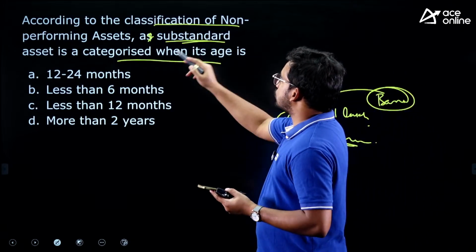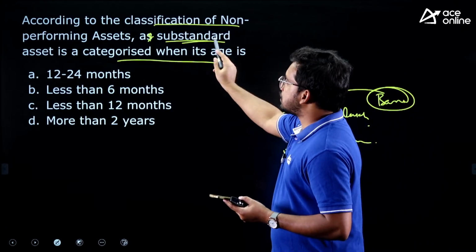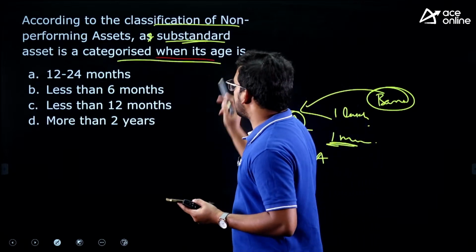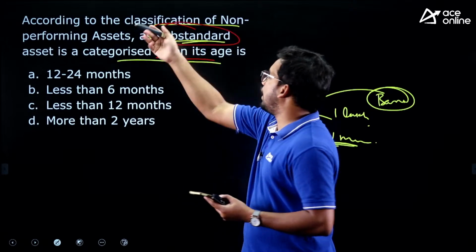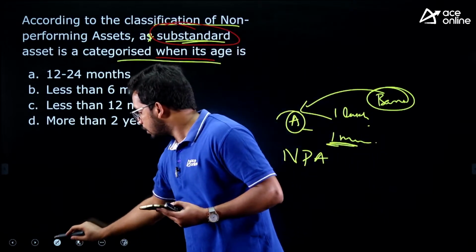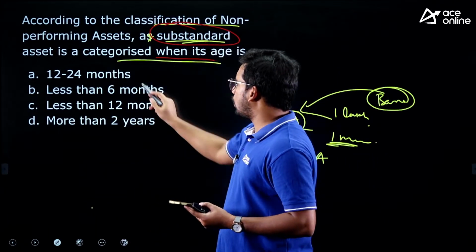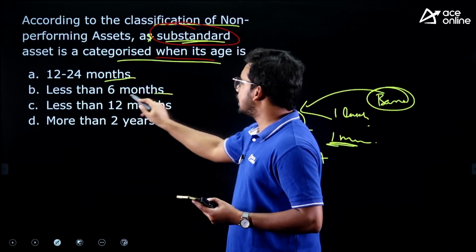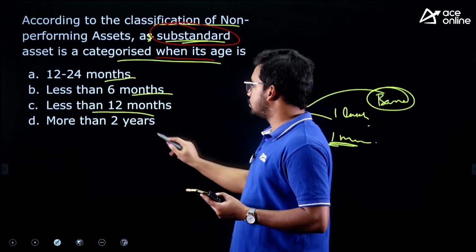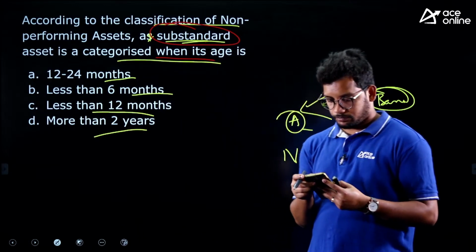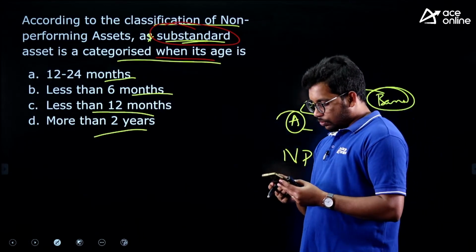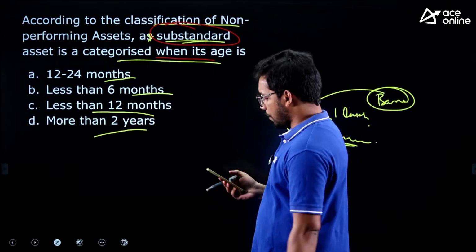According to the classification of non-performing assets, a substandard asset is categorized when its age is: they are directly asking the age of a substandard asset. 12 to 24 months, less than 6 months, less than 12 months, more than 2 years. Now tell me the answer. We have just discussed it.